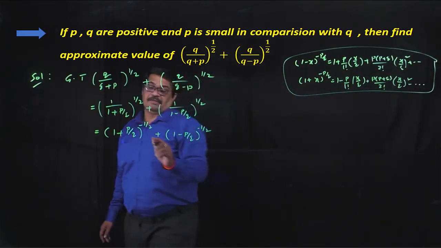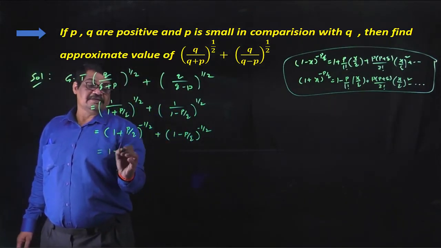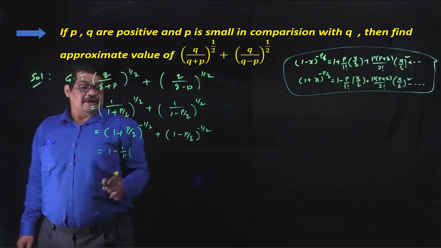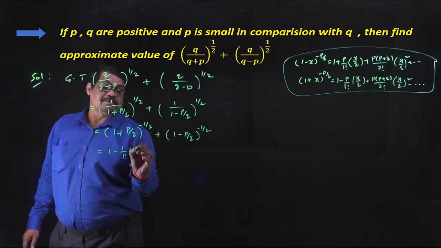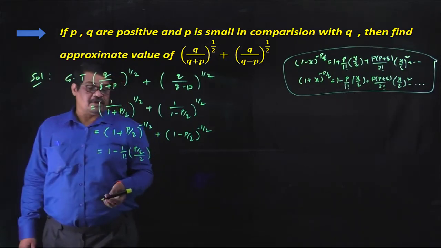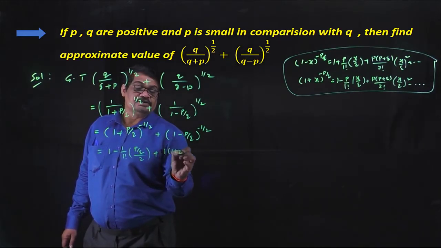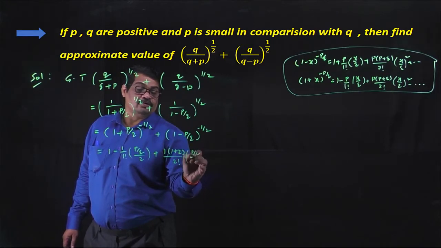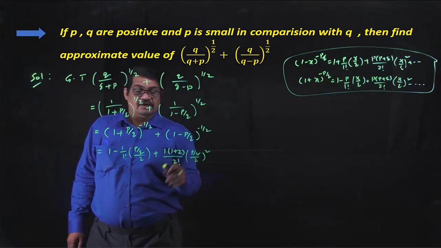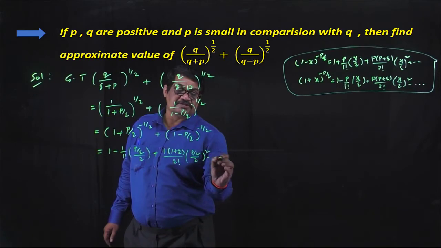Using these binomial expansions we are writing this one. Okay, here 1 minus p by 1 factorial x by q, what is x here? x is p by q, and here q is 2. Next, plus p into (p plus q) by 2 factorial into (p by q by 2) whole square, minus and so on.